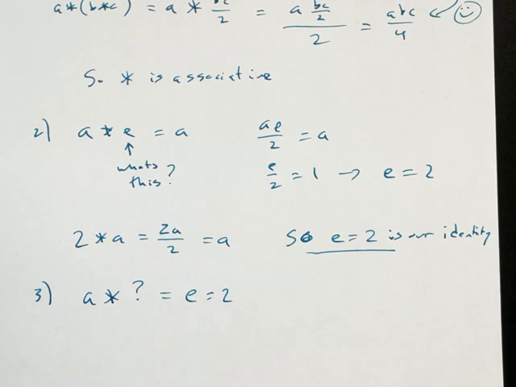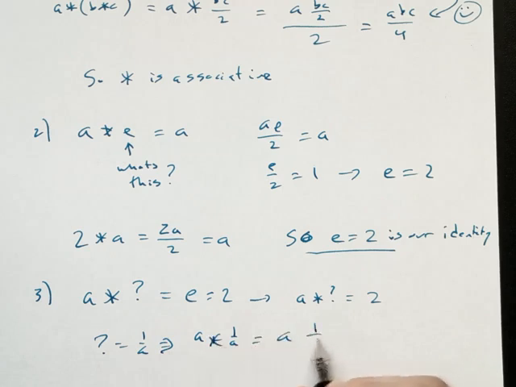I need to know how to solve A star question mark equals 2. What's the right thing to put here? 1 over A. Okay, if I try 1 over A, then I'm going to get A star 1 over A. Well, that's A times 1 over A over 2.